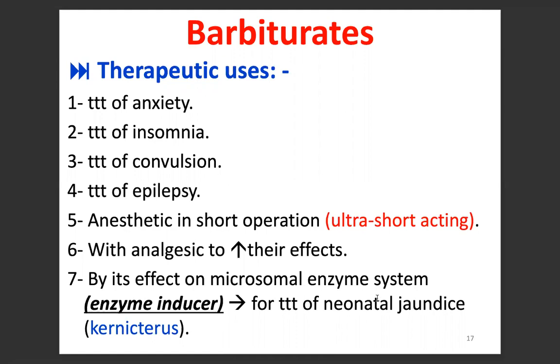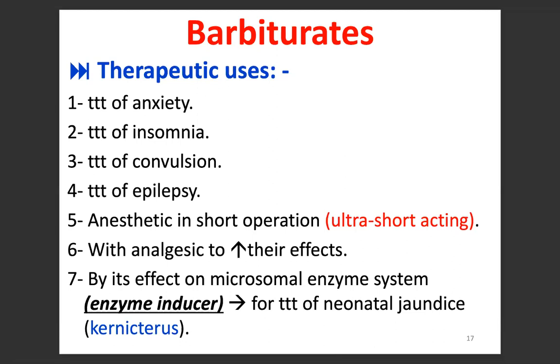So what is the role of barbiturates here? In neonatal jaundice, there is an increase in the bilirubin level of the blood. So barbiturates will increase the conjugation and excretion of bilirubin and decrease the level of bilirubin in the blood.